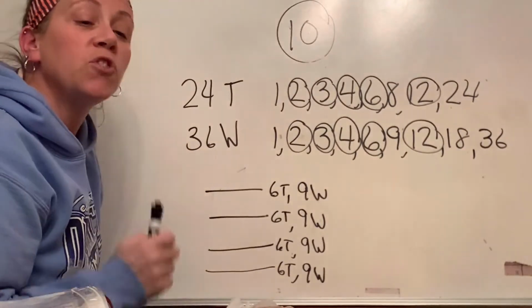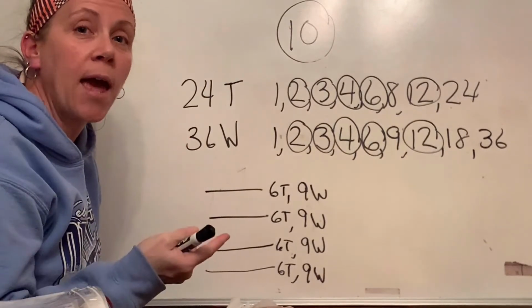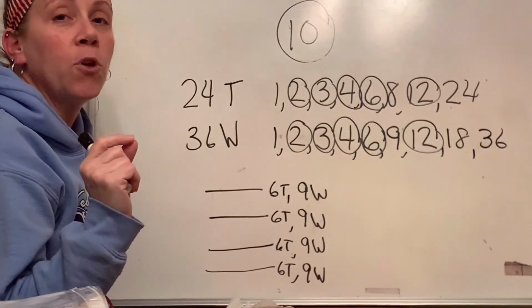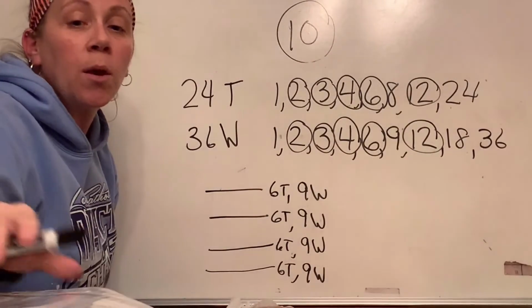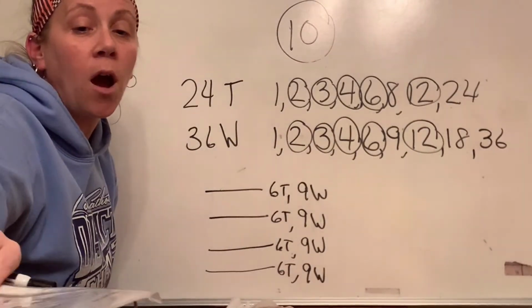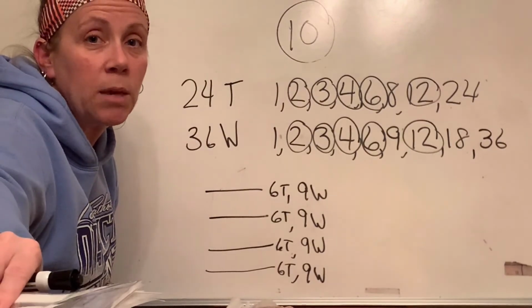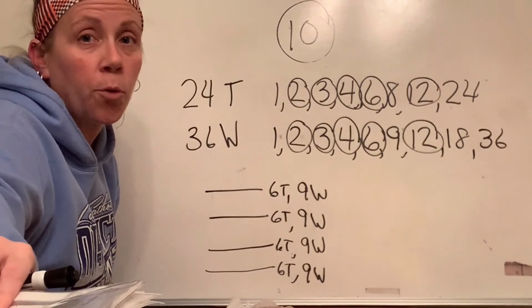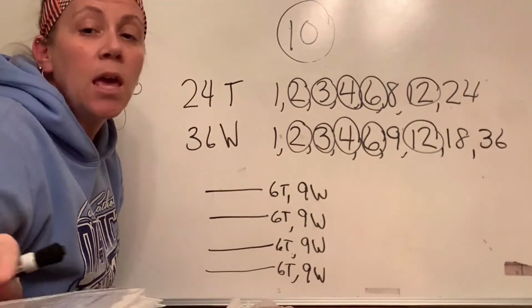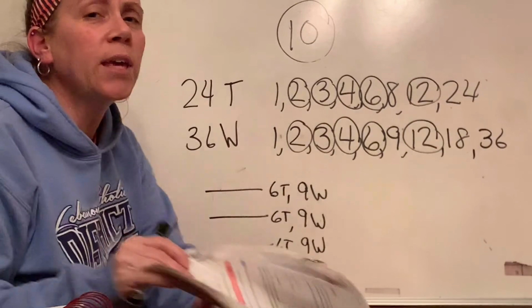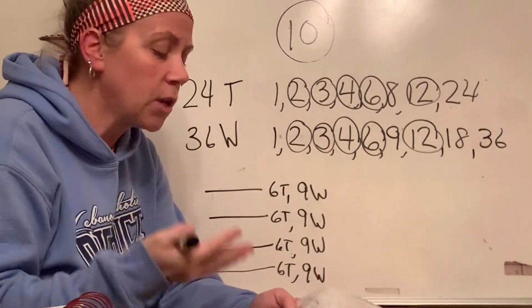Okay? If you still have questions on numbers 7 to 10, email me. Here's my answer key, the ones that I did. I'm going to take pictures of this and put it in Rediker or attach it to an email too. And then you'll be able to check your book and see how you did. If you look at it and you got them wrong, say to yourself, what did I do wrong?